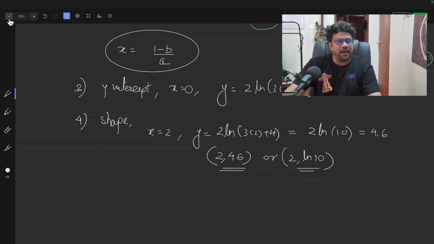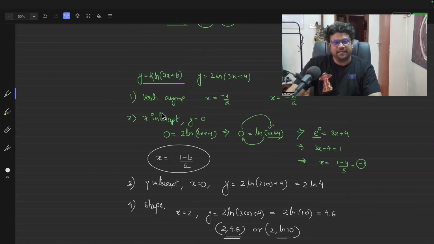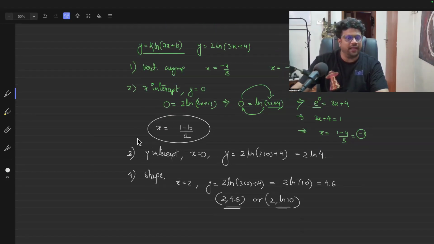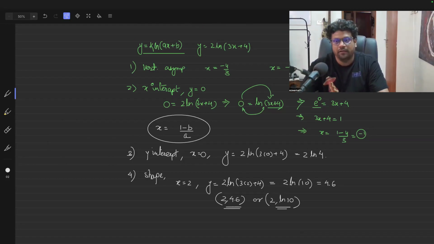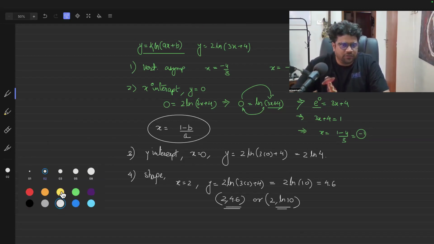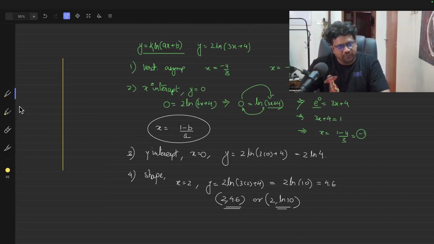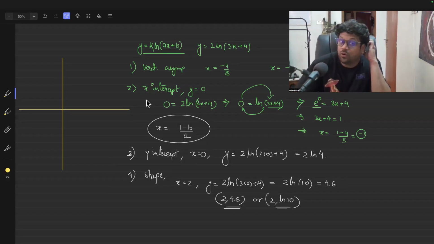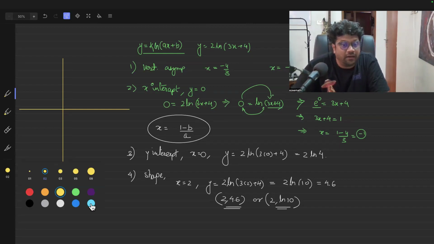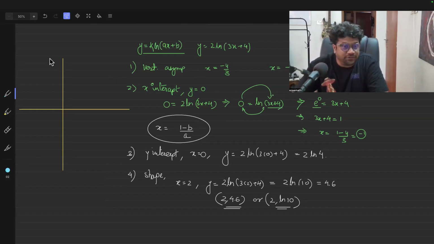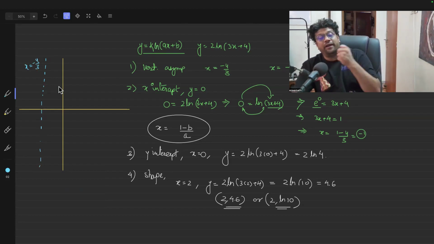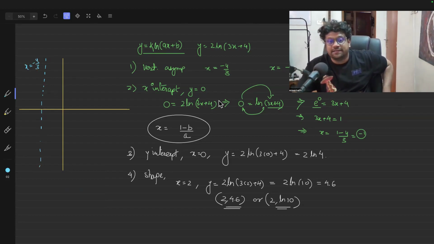Okay, so we have all the points now. We're going to sketch this out on the left here. There's your y-axis, x-axis, and you locate the vertical asymptote at minus 4 by 3, serving as a boundary for our curve. The x-intercept is at minus 1, so somewhere there would be minus 1, 0.